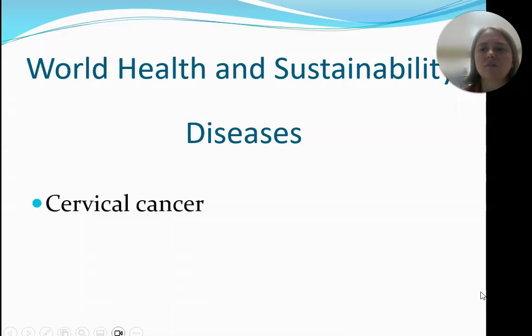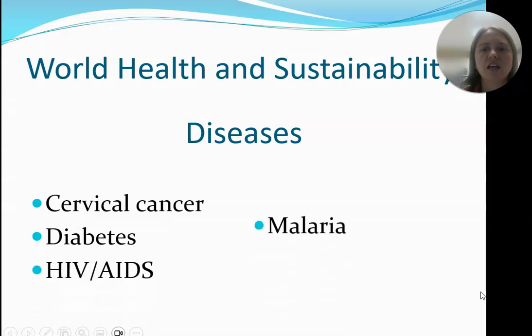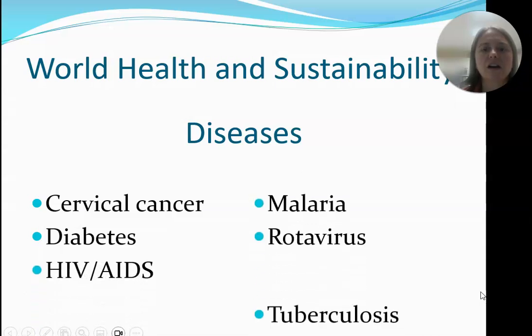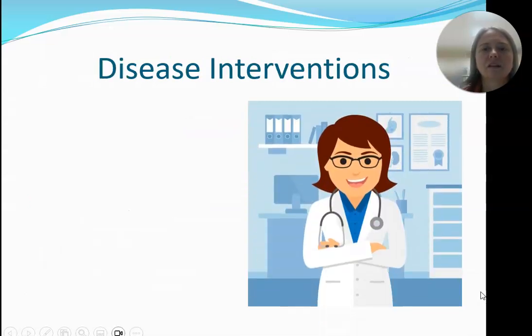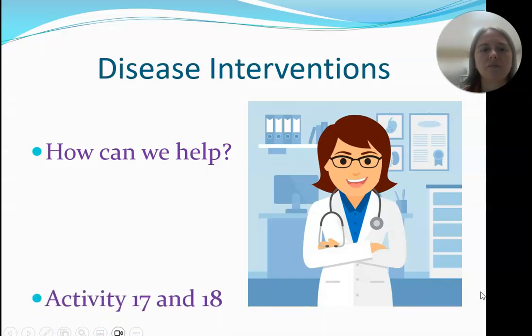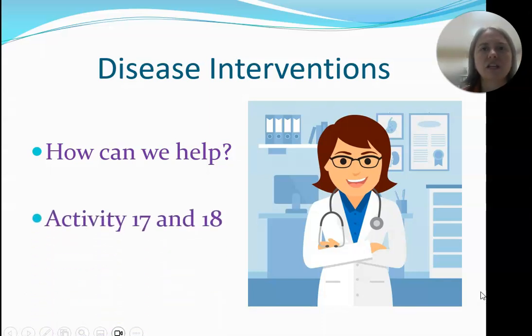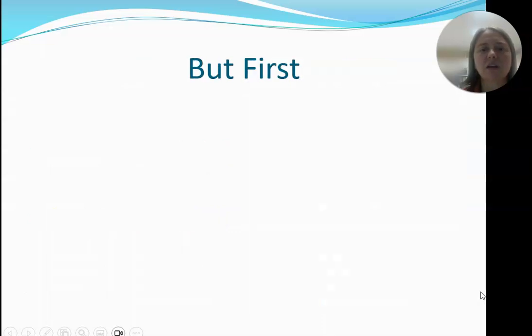Please write all 6 of them down: cervical cancer, diabetes, HIV/AIDS, malaria, rotavirus, and tuberculosis. We're going to figure out, with these 6 major diseases, what kind of interventions can we do? Like how can we help? That's what we'll be involved in with activity 17 and 18 coming up.